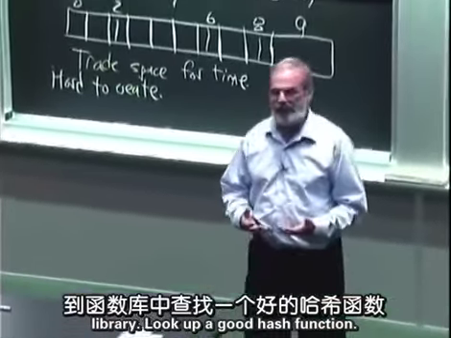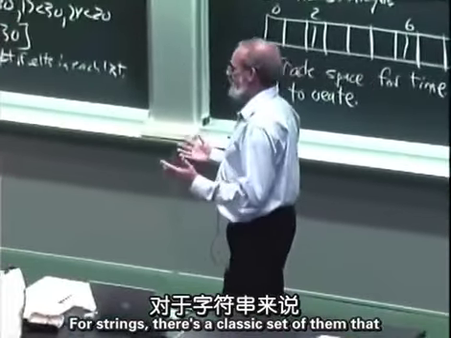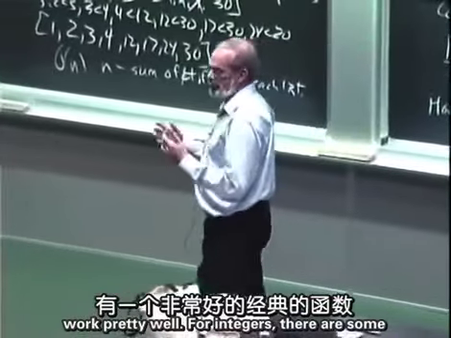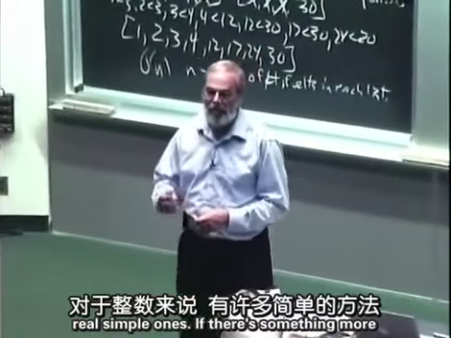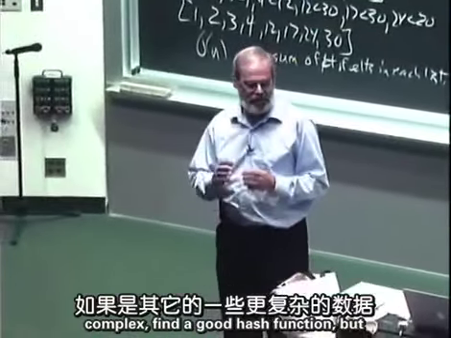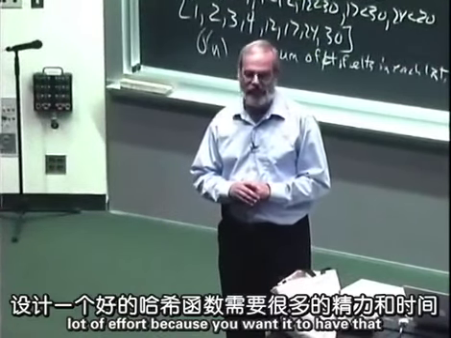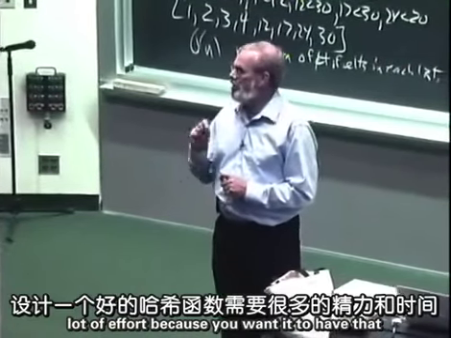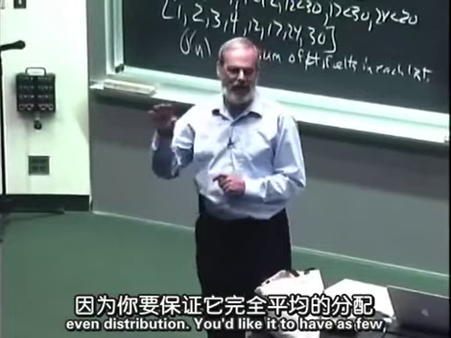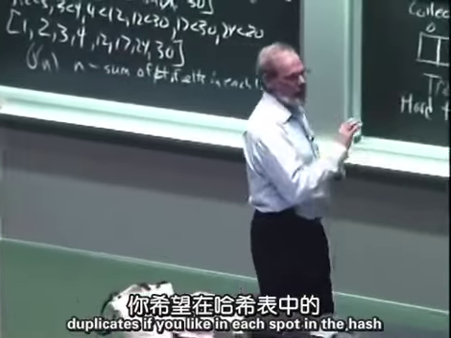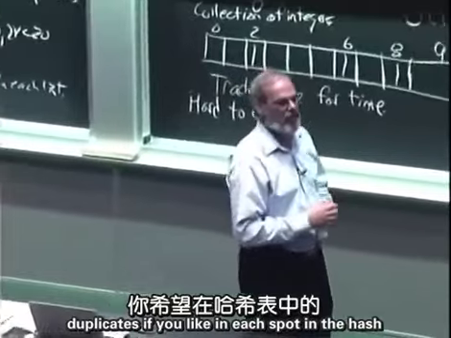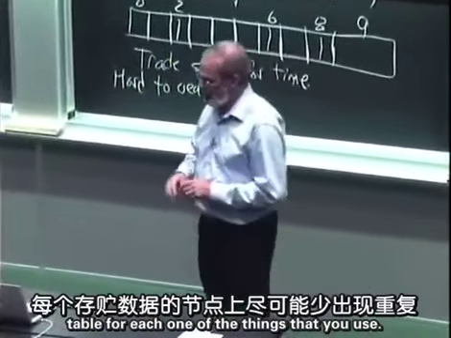Look up a good hash function. Again, for strings, there's a classic set of them that work pretty well. For integers, there are some real simple ones. If there's something more complex, find a good hash function. But designing a really good hash function takes a lot of effort because you want it to have that even distribution. You'd like it to have as few duplicates as possible in each spot in the hash table for each one of the things that you use.